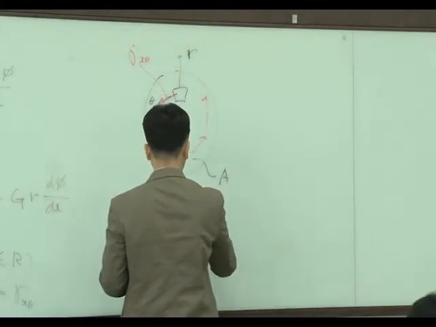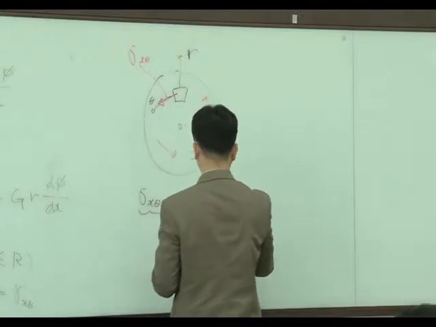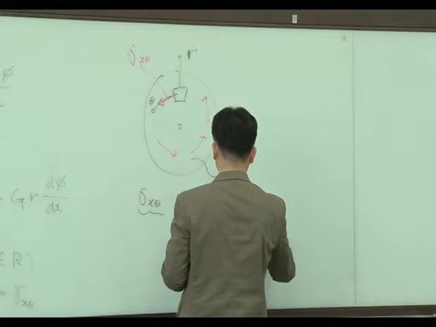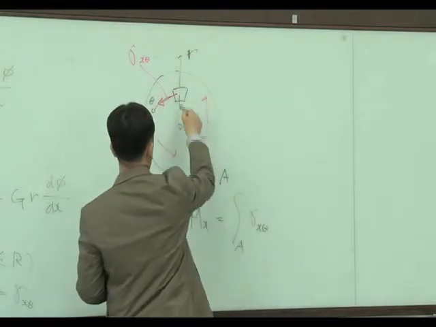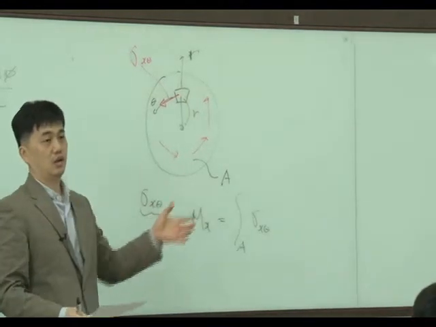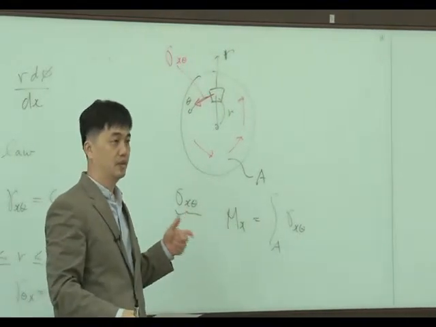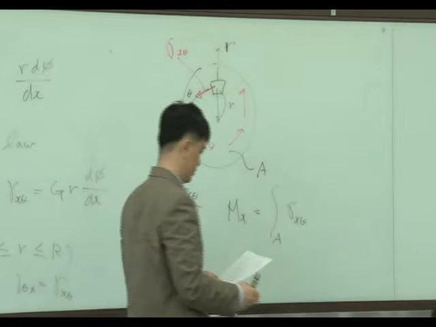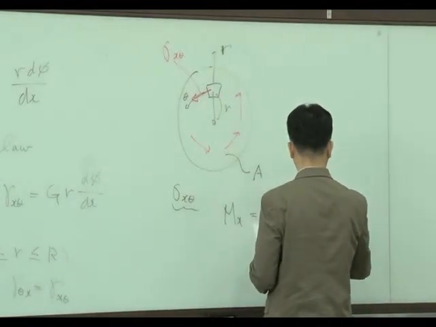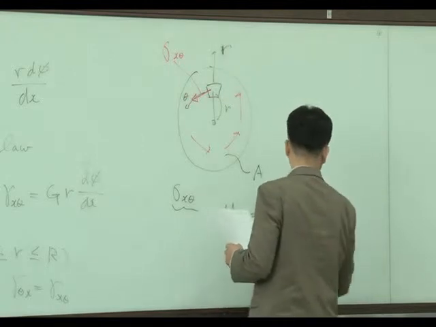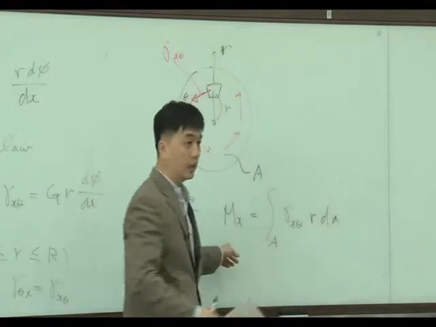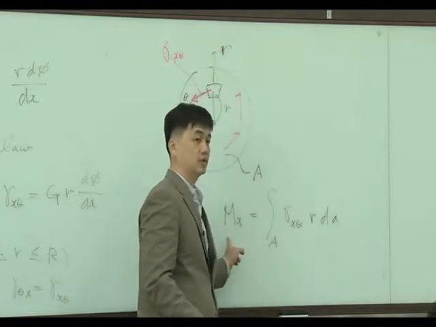So moment x can be simply calculated by integrating that stress x zeta, and from here to here R is your arm, the moment arm, R dA. This is a relation between stress and moment, right?